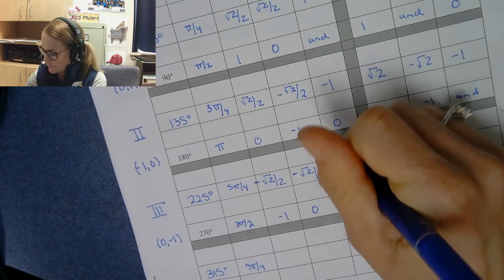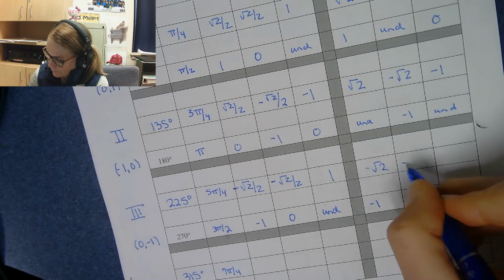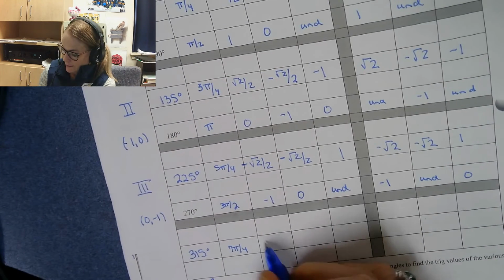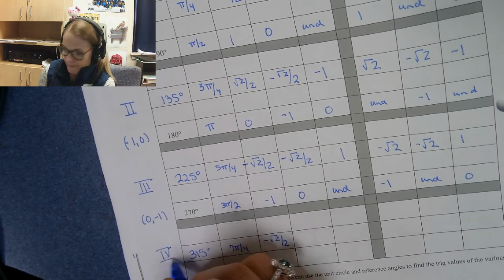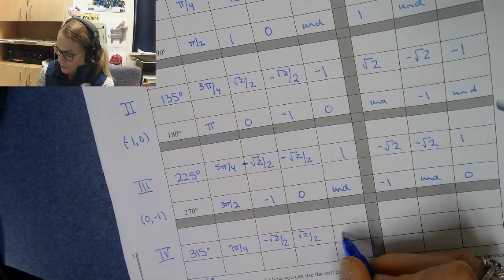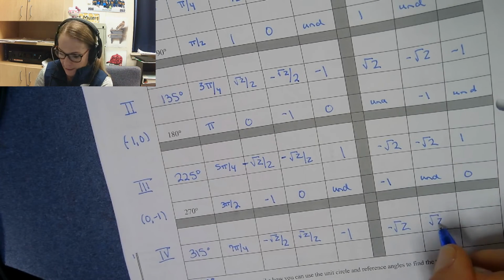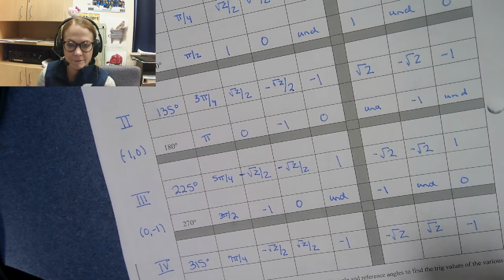Tangent is positive in quad 3. Reciprocate. And last but not least, sine is the y value, so that's down in quadrant 4. The ratio of a positive and a negative, then reciprocate. So that's your 45s.